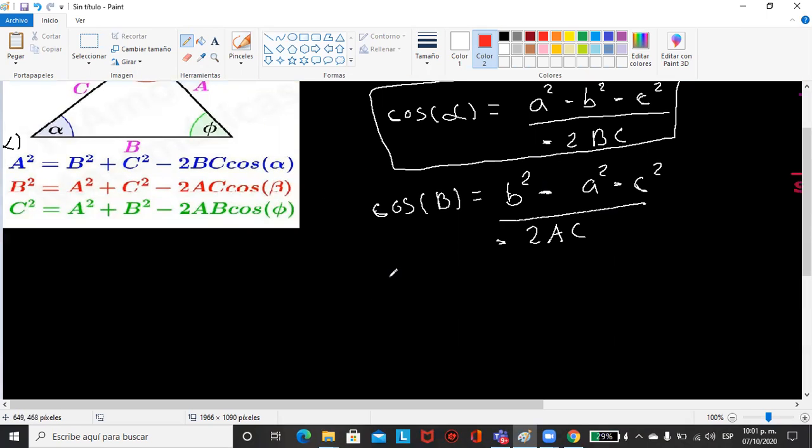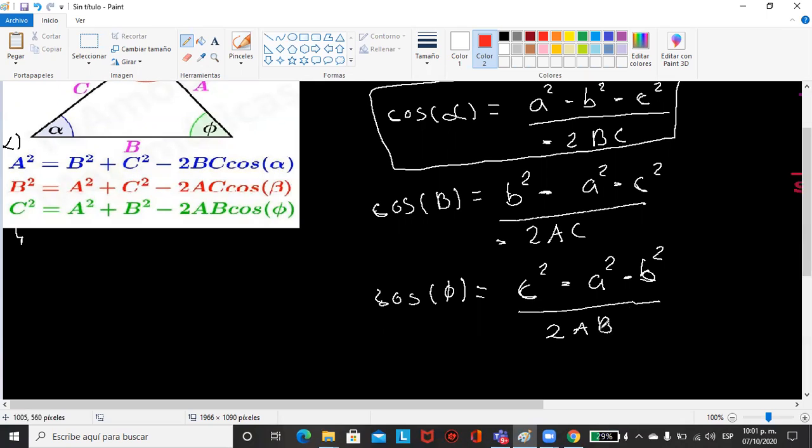Now for the next one, for the cosine of theta, we have C on this side. So it's C squared positive minus A squared minus B squared over 2 times AB.